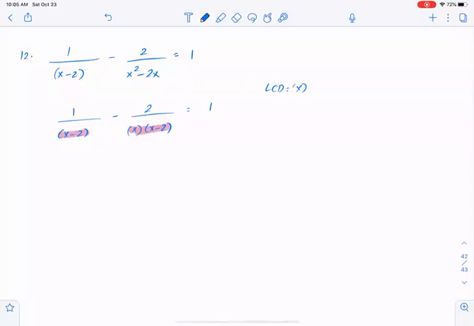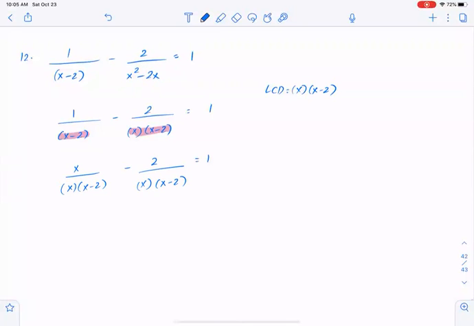The least common denominator is x times x minus 2. I multiply and divide the first expression by x. So I end up getting that expression. Since I have a common denominator, I can combine the numerators.